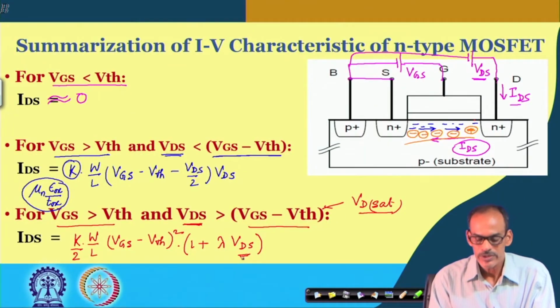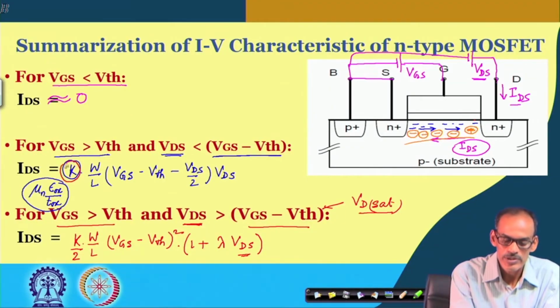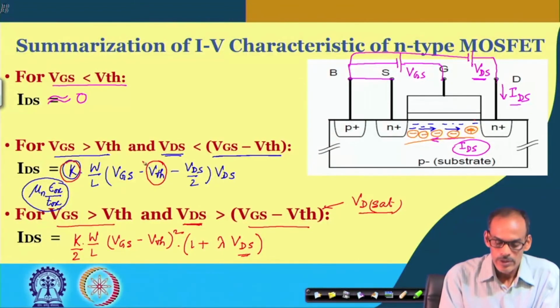So, this is the overall IV characteristic equation of the transistor, and if you see here, what are the parameters we do have, device parameters. Of course, this is one device parameter, and this is also a device parameter, and we also have a device parameter here. So, these are basically device parameters.